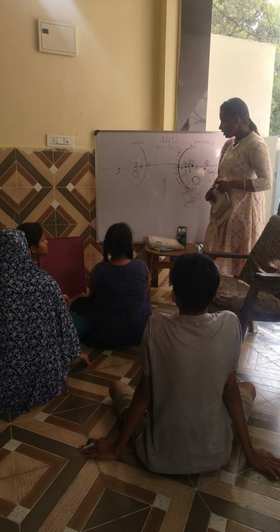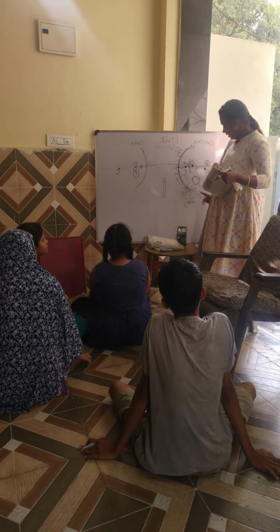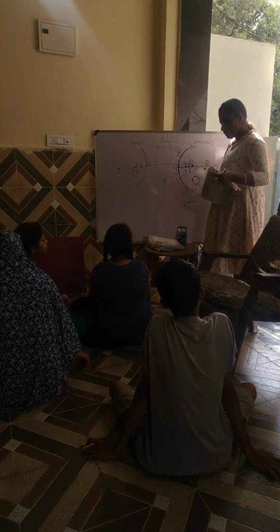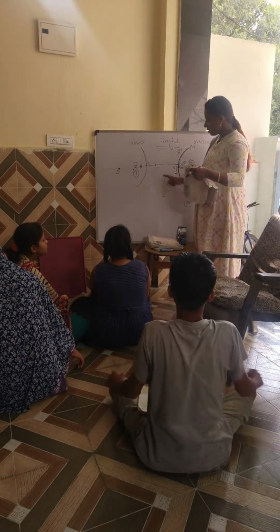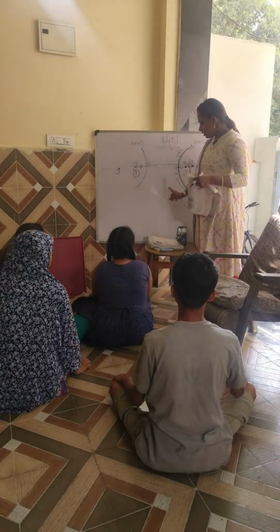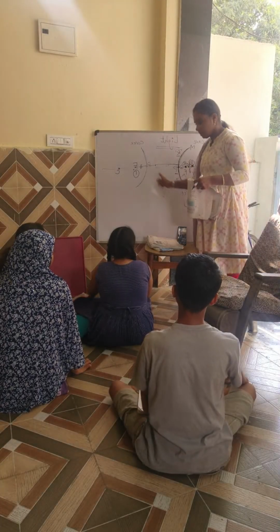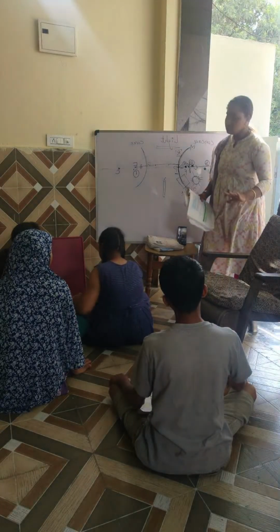If you keep the object somewhere between infinity and the pole of the mirror, there is a finite distance, which means we can recognize that distance. At infinity means we cannot.